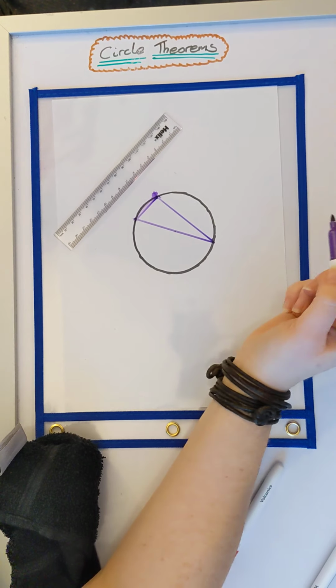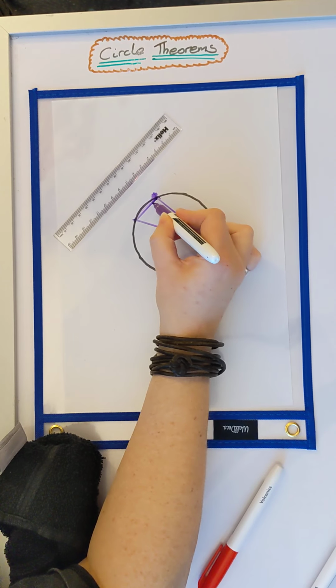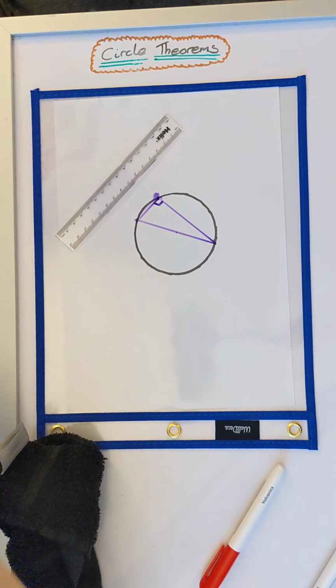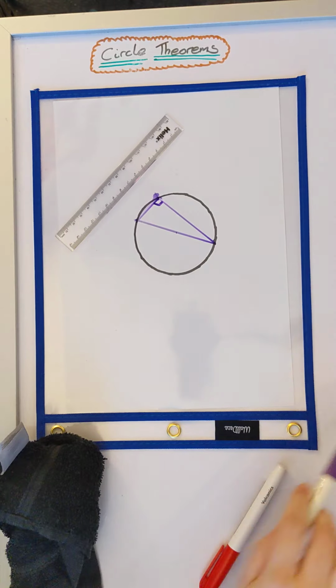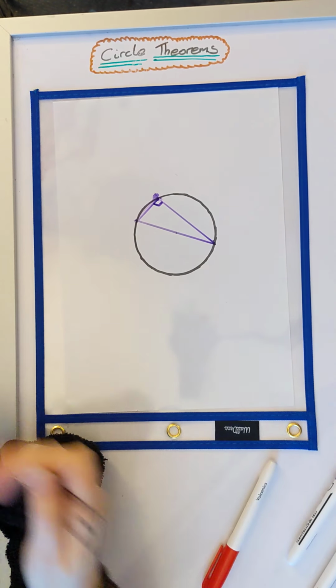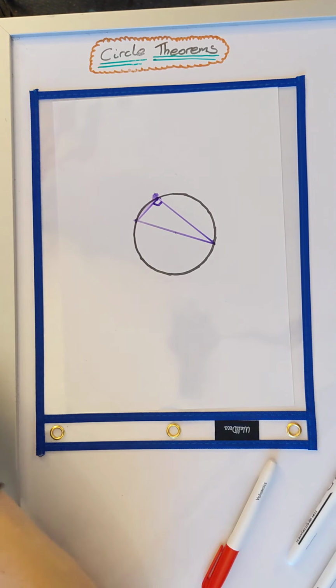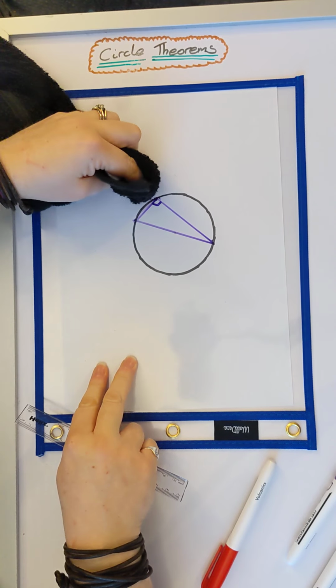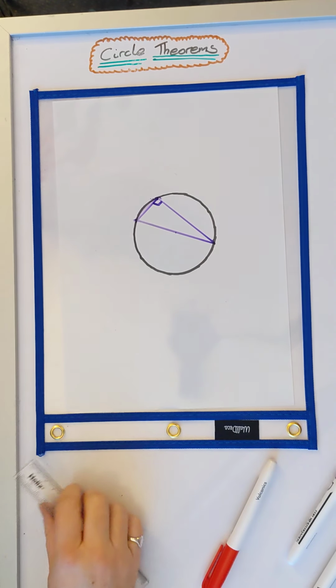And that triangle is always at 90 degrees. Now, it doesn't matter where we draw our point, we will always get 90 degrees.